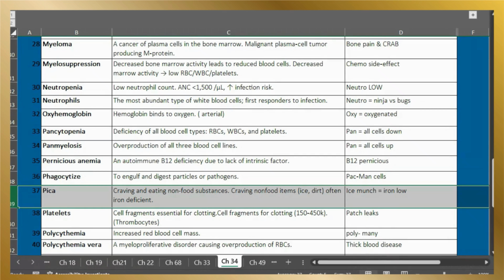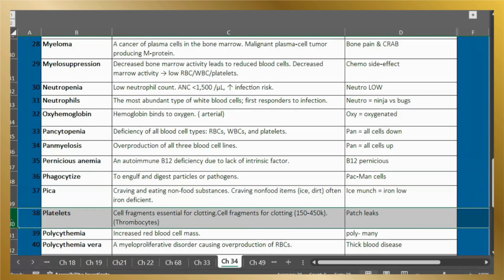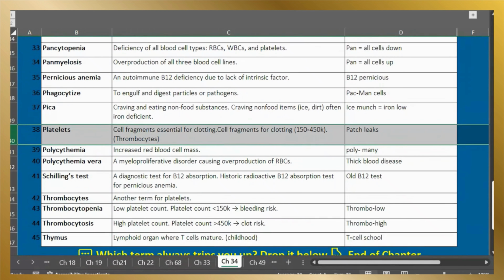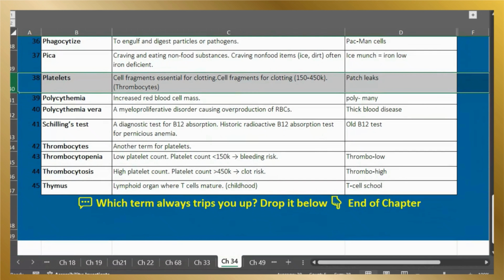So we know that it's linked to iron deficiency. So keep in mind craving for non-food substances. Can you imagine, like, people eat ashes? I heard that. To eat ashes.